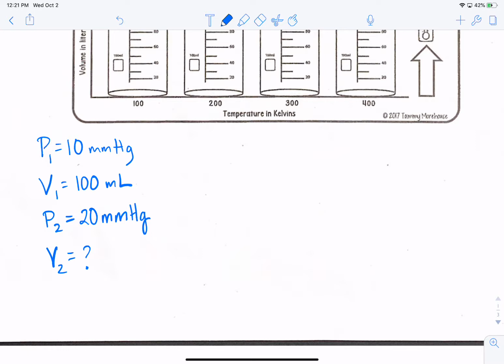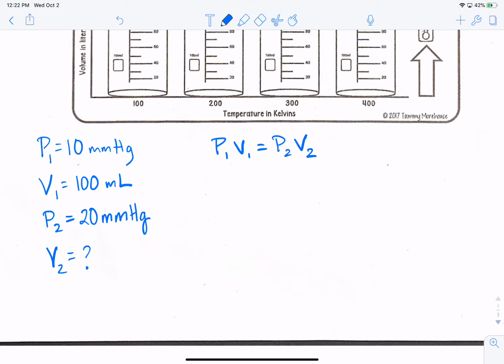So what we're going to do is use Boyle's law, which is P1 V1 equals P2 V2. What's happening between those two variables? What mathematical operation? When you have two, multiplication. When we plug in values, we always use parentheses.